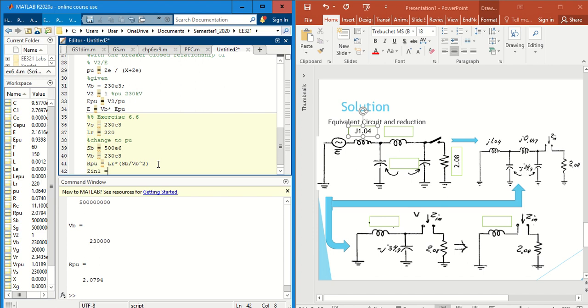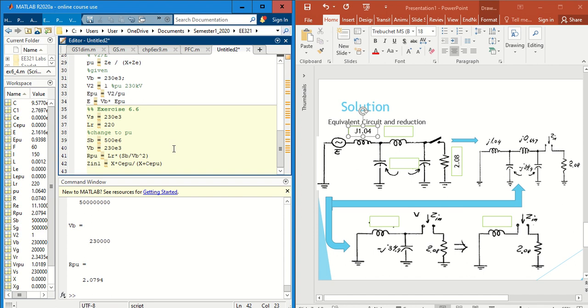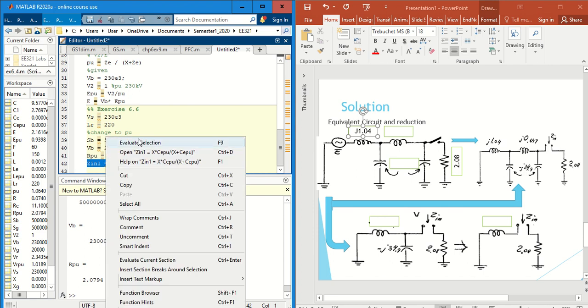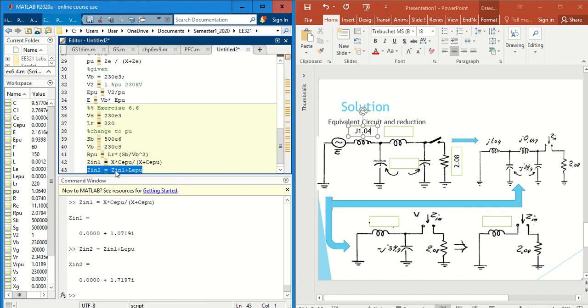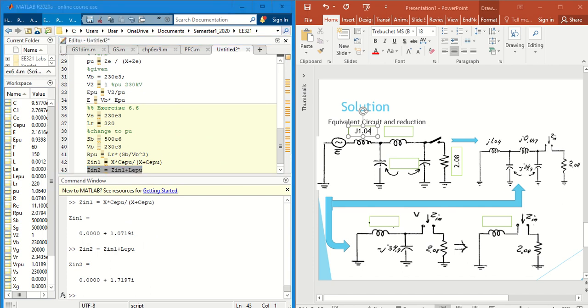Z in 1 is equal to X times CE per unit divided by X plus E per unit, when we are solving for the equivalent circuit. 1.07, and then Z in 2 is equal to Z in 1 plus LE per unit. You get 1.71.